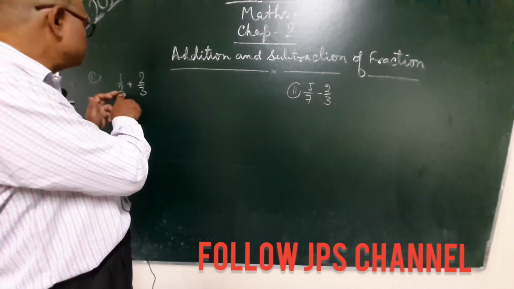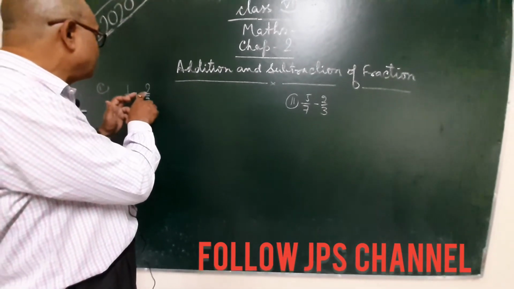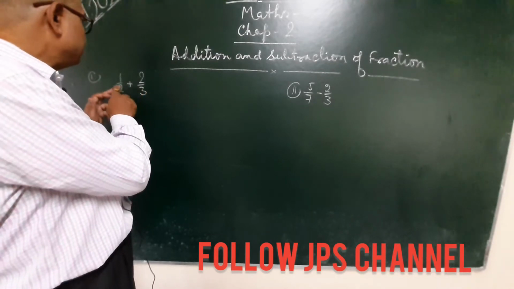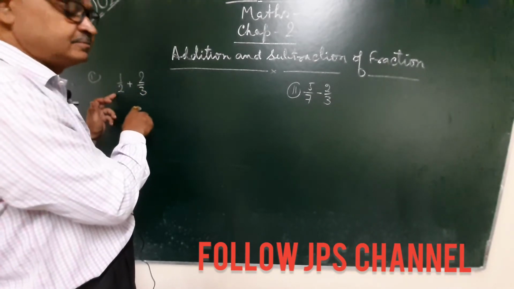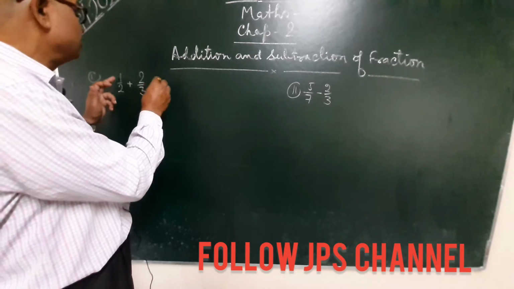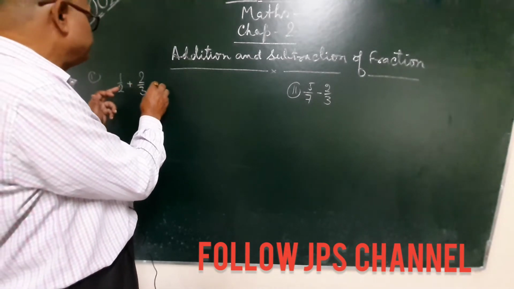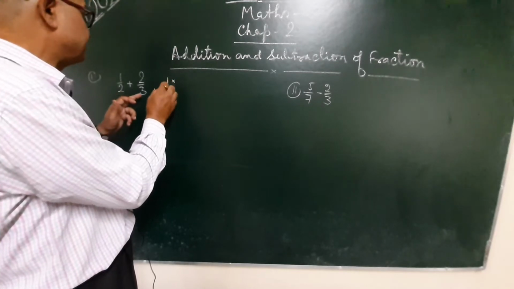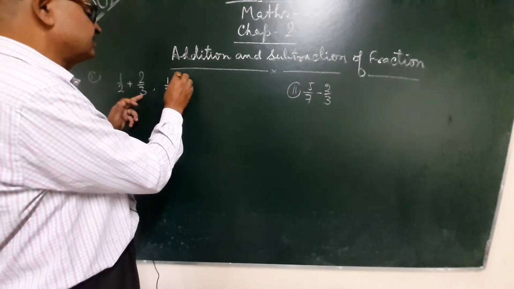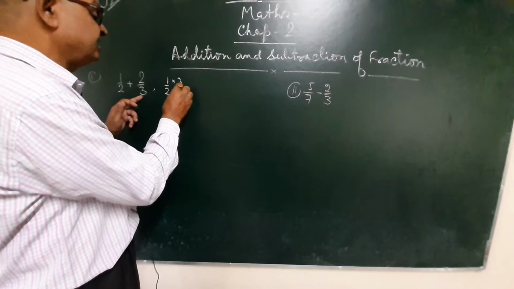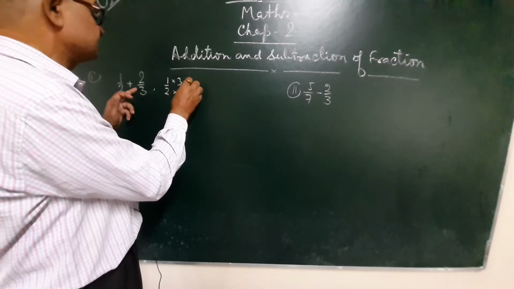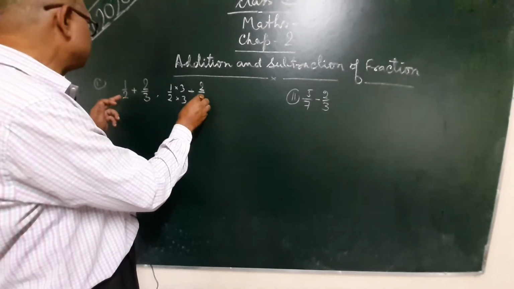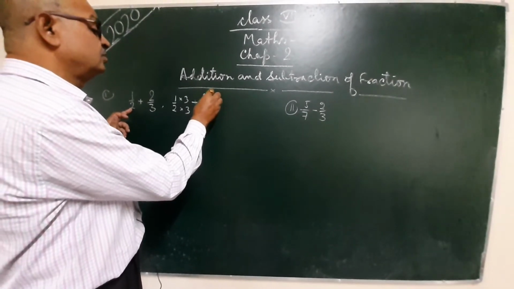First method: 1 by 2 and 2 by 3, we make the denominators the same. So we multiply 1 by 2 by this denominator 3, and 2 by 3 by this denominator 2, up and down.